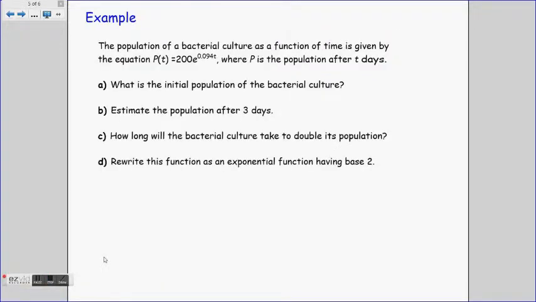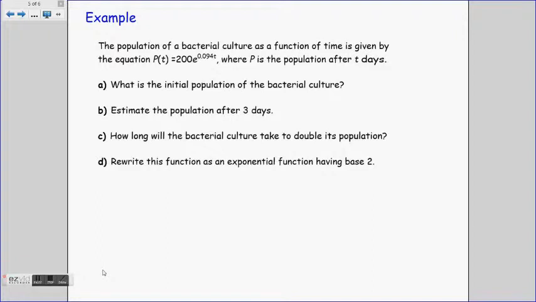Let's use some of the knowledge that we've gained today in an application question. Looking at this example, the population of a bacterial growth as a function of time is given by the equation P of t, population as a function of t, time, is equal to 200 e to the exponent 0.094 t, where P is the population after t days.